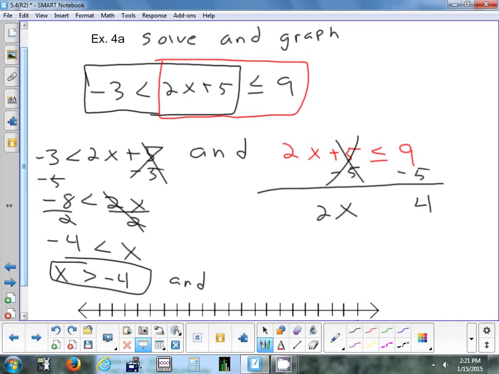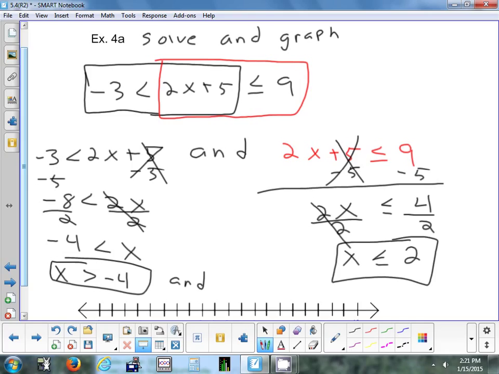Do you flip the sign when you subtract? No. What's my next step? Divide by 2. What did we do over here? Divide by 2. What happens to the 2's? Do you flip the sign? No. So we get x is less than or equal to 2.